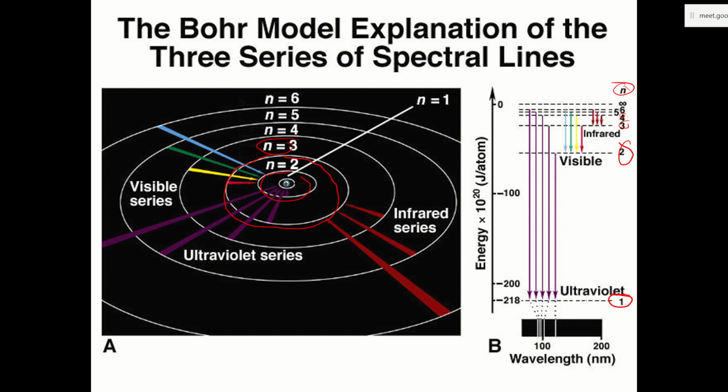ओके, तो ये आप देख रहे हैं. तो जो बामर ने ऑब्जर्व किया, व्हाट वाज दैट? The transition, the visible radiations was something that was when the electrons in the higher energy state, like here, are returning back to the n is equal to 2 state, that is giving you these visible lines, visible radiations.